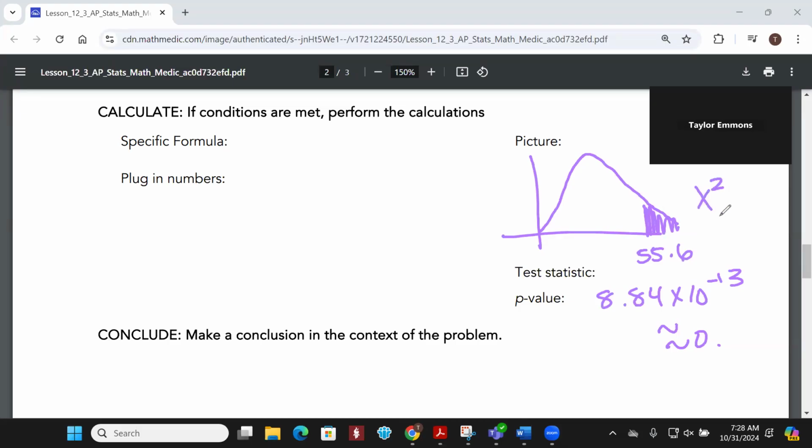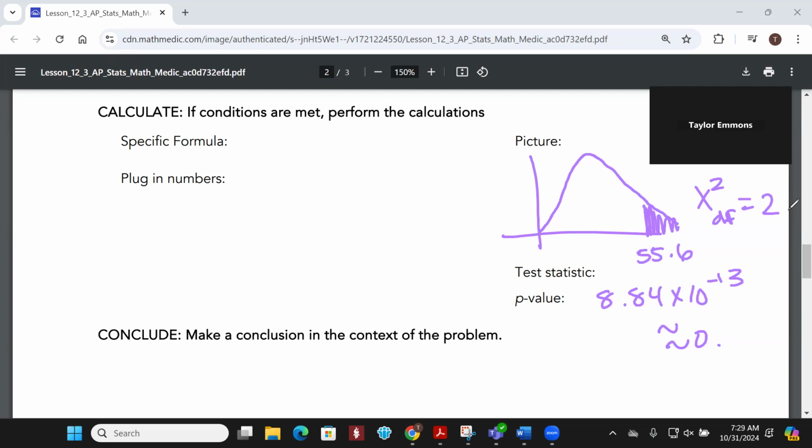How many degrees of freedom did we have? We used our calculator. Or you can go to your table on your orange sheet, and on the last page there's a chi-squared table. I'm going to be perfectly honest with you, though, it's easier to just plug it into your calculator.